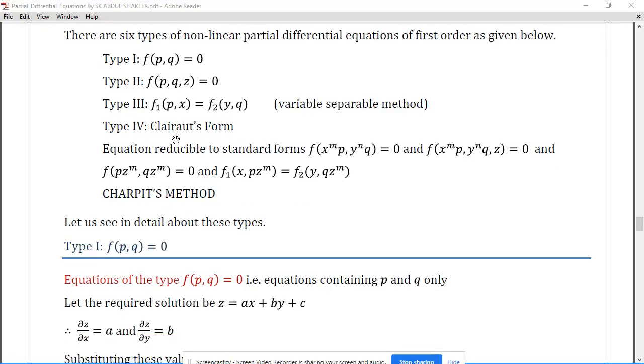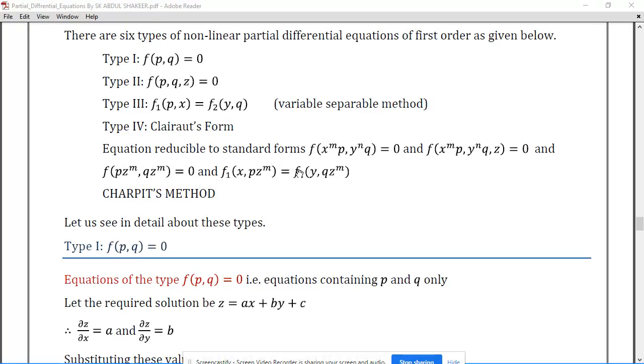Next, type 4, that is Clairaut's form. Clairaut's form is z equal to px plus qy plus f of p comma q. Next, type 5, equations reducible to standard forms: f of x power m p comma y power n q equal to 0, f of x power m p, y power n q comma z equal to 0, f of p z power m comma q z power m equal to 0, and f1 of x p z power m equal to f2 of y comma q z power m.